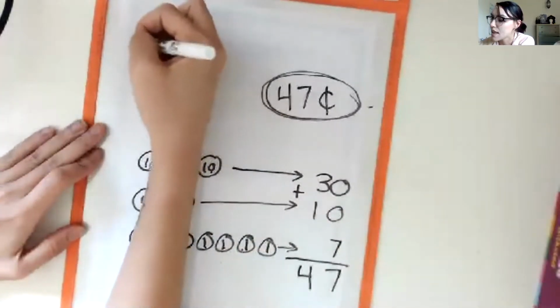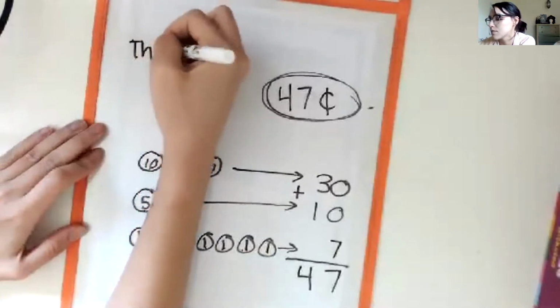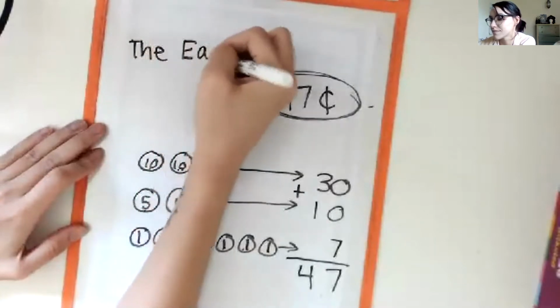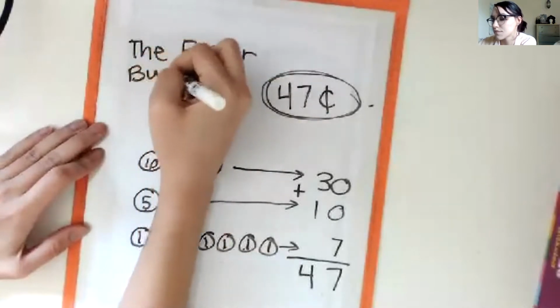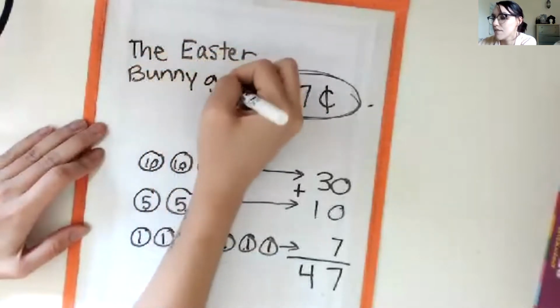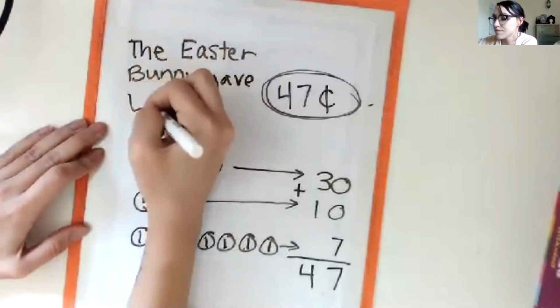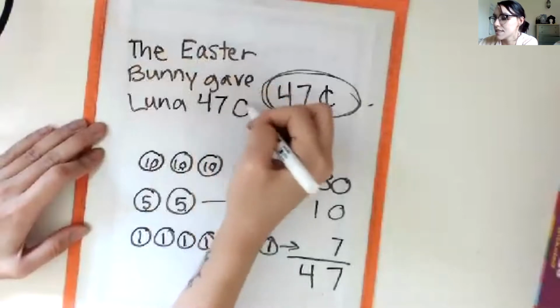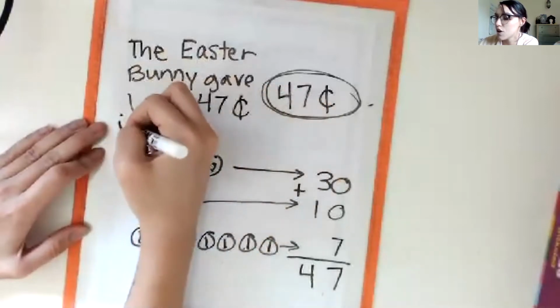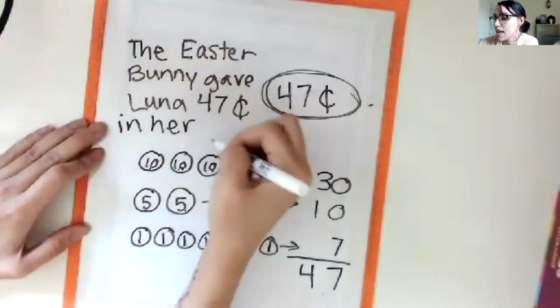We would say the Easter Bunny gave Luna 47 cents in her eggs.